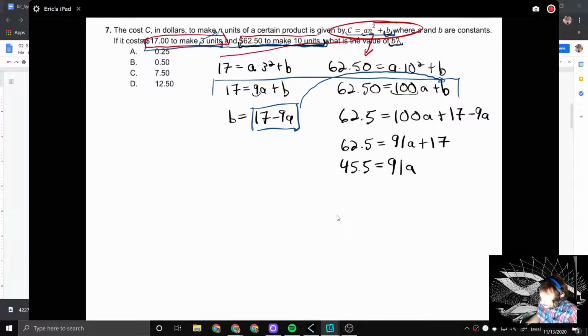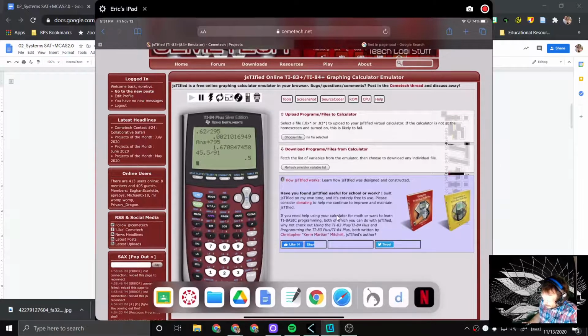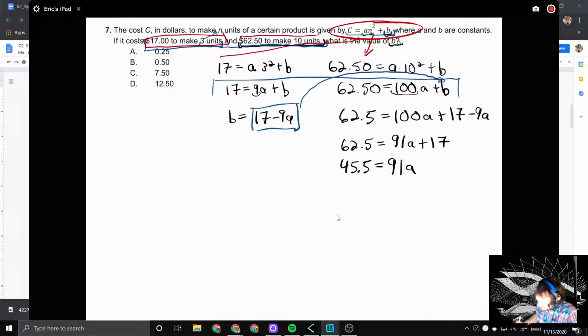You might think to yourself, 45 and a half twice, 45 and 45 is 90, a half and a half is 1, so you might just think to yourself, oh, that's 1/2. But let's do it in the calculator, 45.5 over 91. And we get 1/2. So a is 1/2. And now I want to figure out what b is. I'm going to use this equation since it's set up here for me.